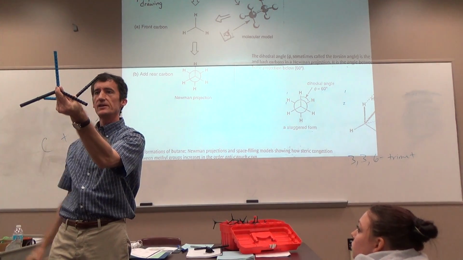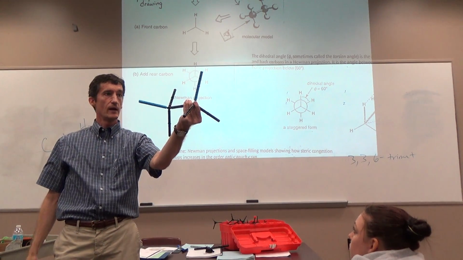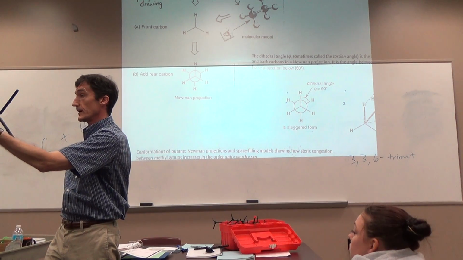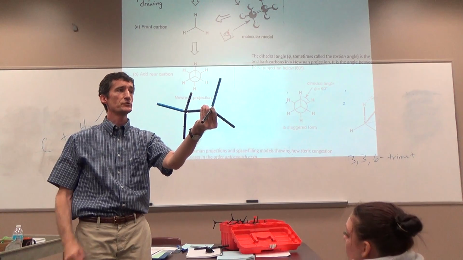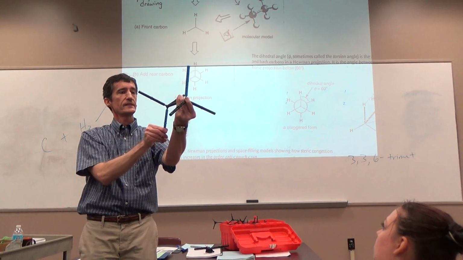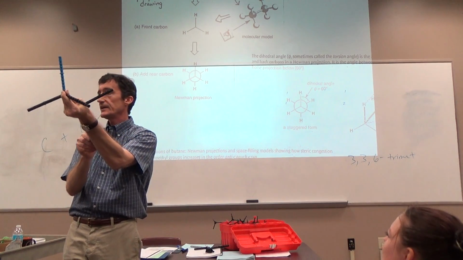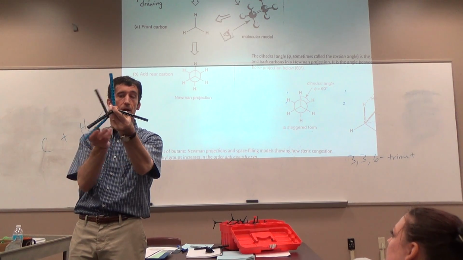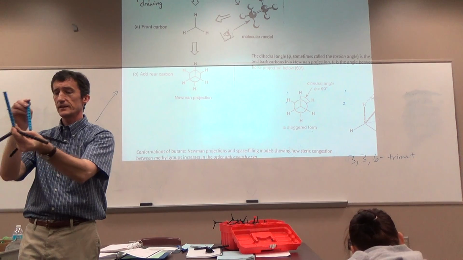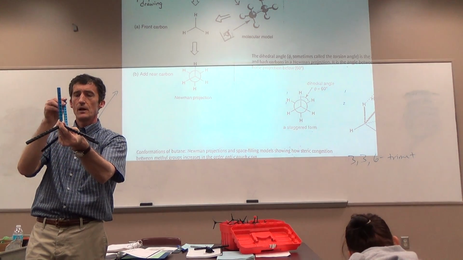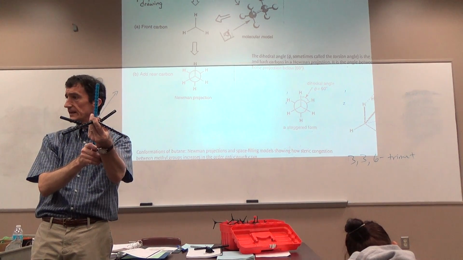What's the dihedral angle between the two blues? 90 degrees. See that? It's a 90-degree dihedral angle between the blues. What if it's here? It's a 180 dihedral angle. That's the dihedral angle. It should be in your textbook. So the anti has a 180 dihedral angle.